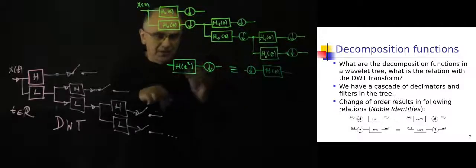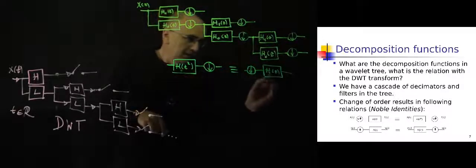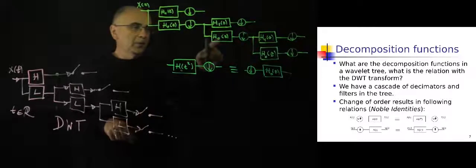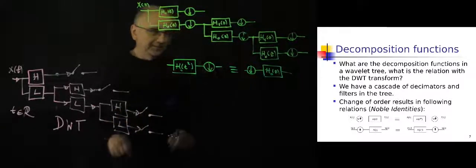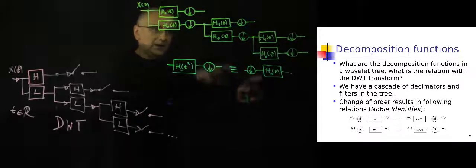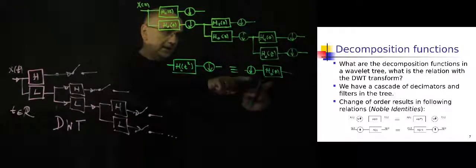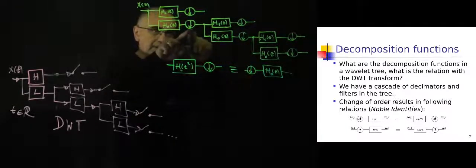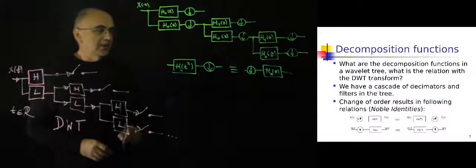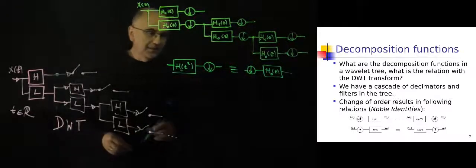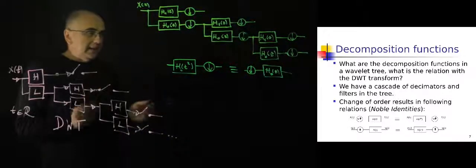Maybe I can use the same notation. So we are talking about this guy and this guy. We can see it right here, and we think that we can transfer this decimator through the linear system on its right hand side using the noble identity.